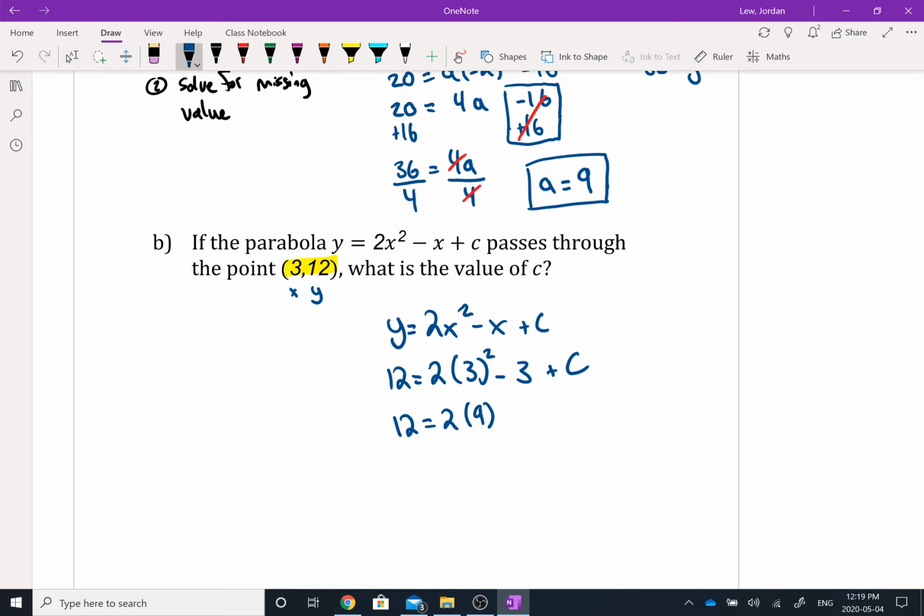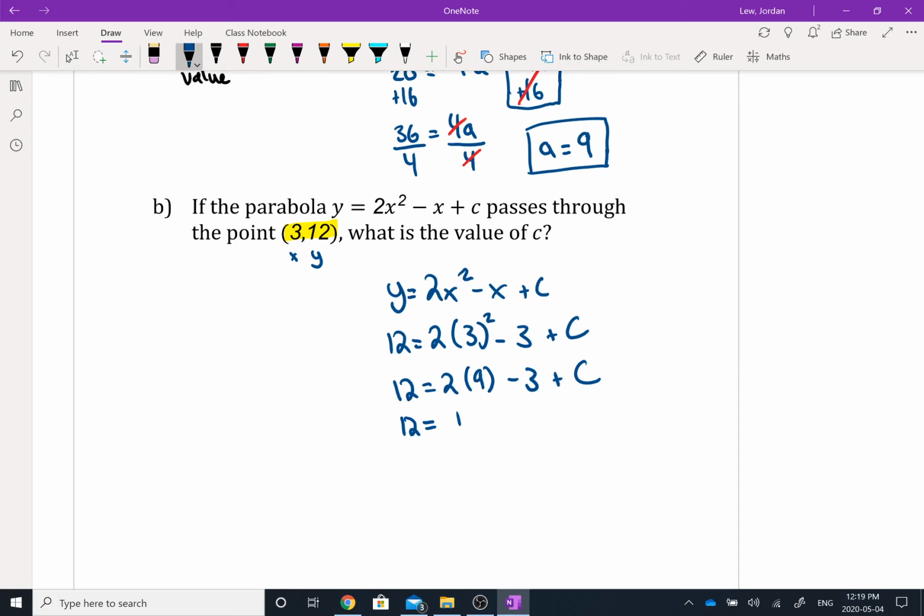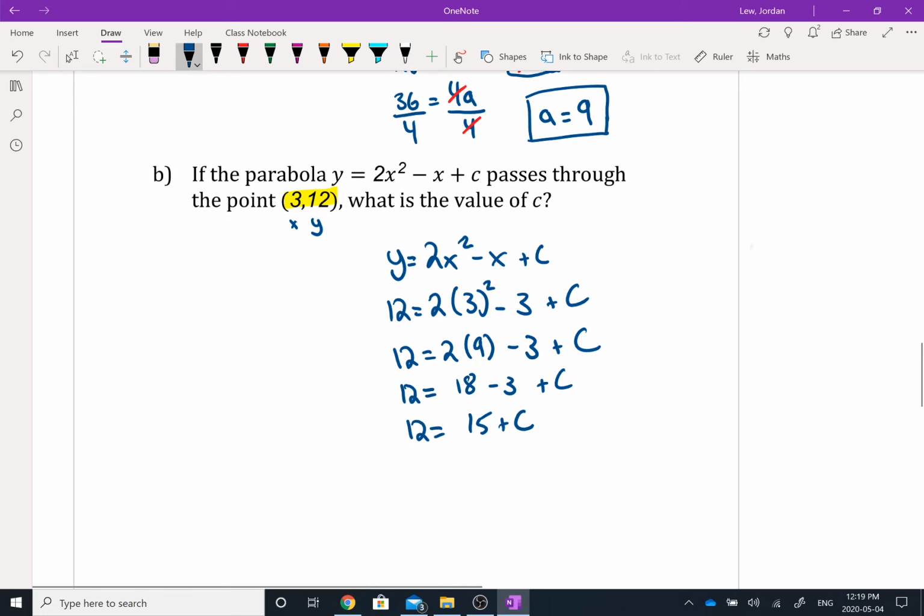Remember the exponent is only on the 3, and we have to follow BEDMAS, so we're not multiplying 2 times 3 first and then using the exponent. Minus 3 stays the same. Again, you may be able to simplify this in shorter steps, but I'm just going to work through it. So 2 times 9 is 18, minus 3 plus c. 12 equals 15 plus c.